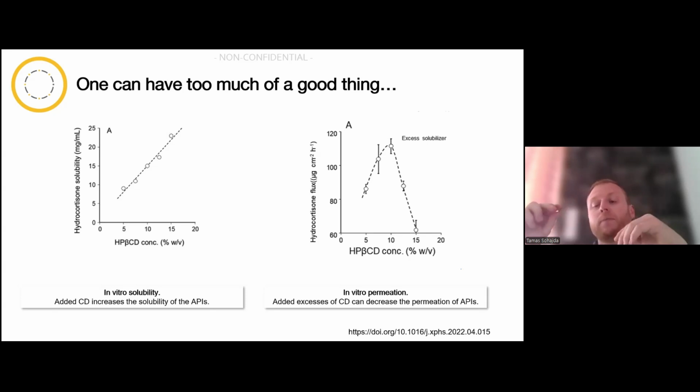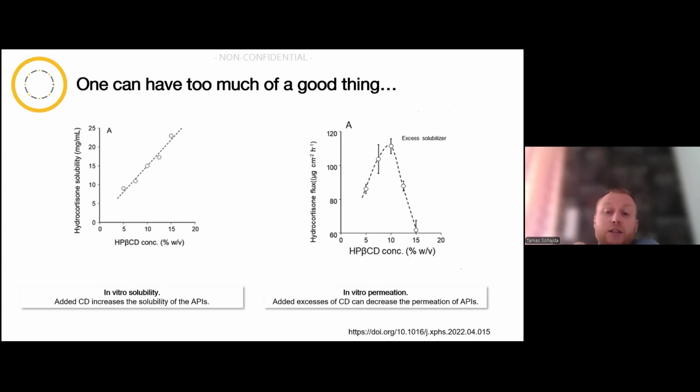And this can also happen in vivo, depending on the circumstances again. But imagine that there is a complex you deliver, and the cyclodextrin releases the active ingredient. And after a point, there are all these free cyclodextrins, and there are just a few active ingredients there. And the cyclodextrin can potentially recapture the active ingredient if there is a huge excess of the cyclodextrin, if we went too far on the concentration. And as long as it's in the cavity, it cannot get absorbed.